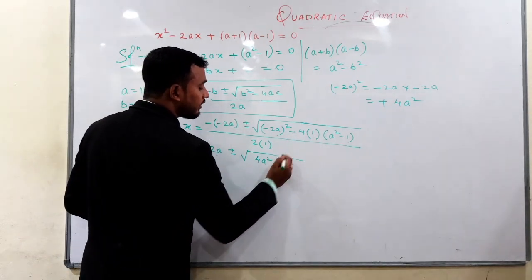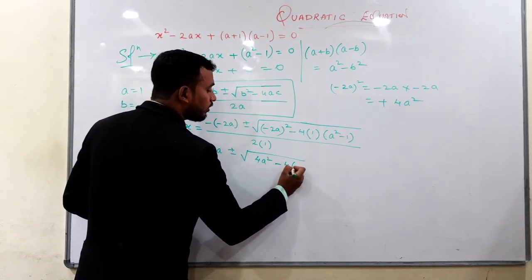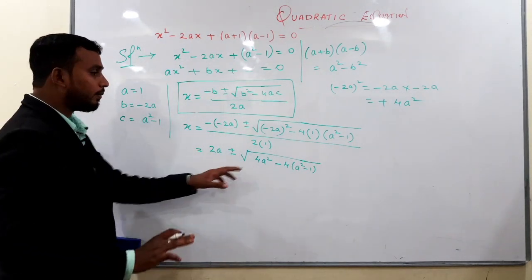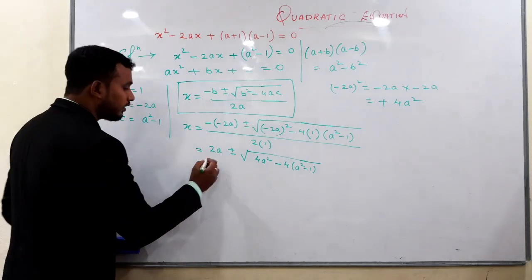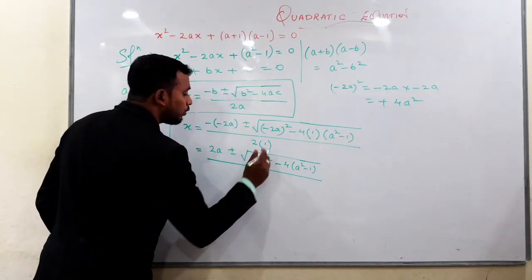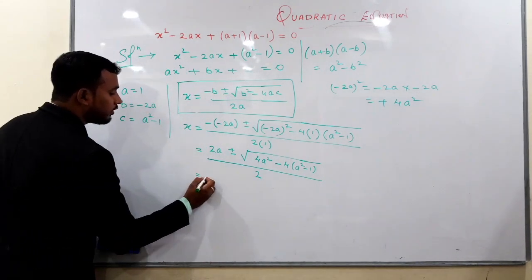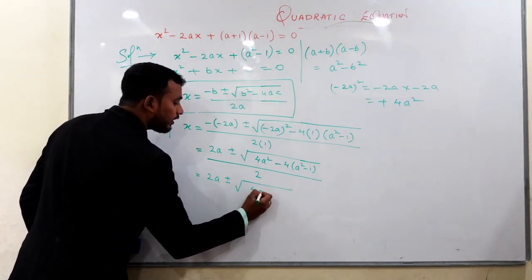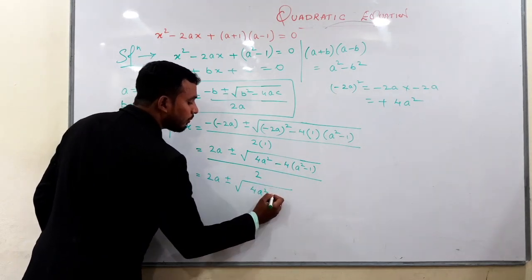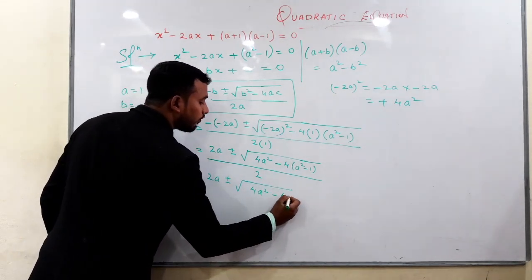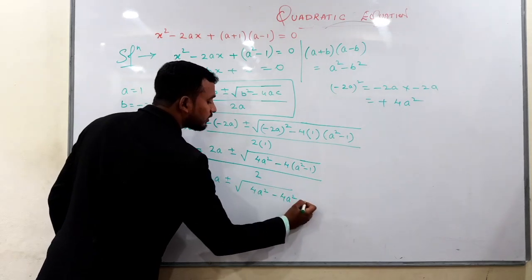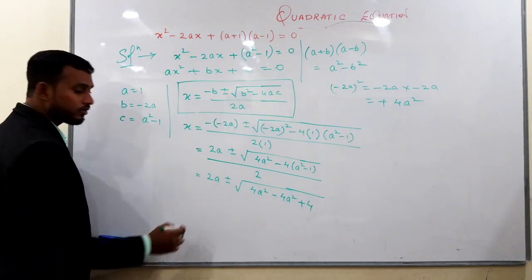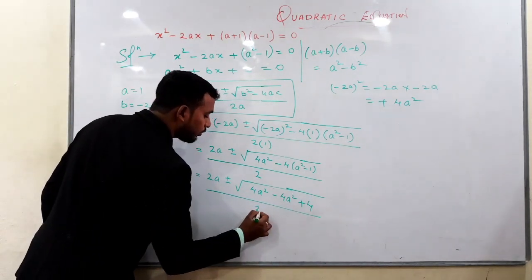Minus into plus is minus, 4 ones are 4, into (a² - 1), keep it as it is. Divided by 2 ones are 2. Then 2a ± √(4a² - 4(a² - 1)), whole divided by 2.